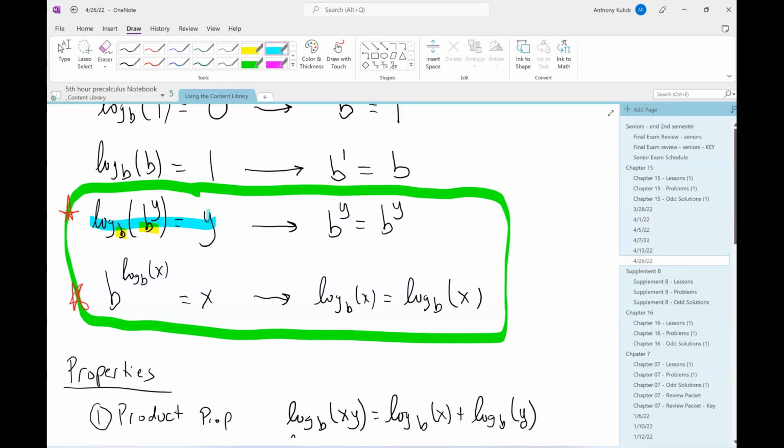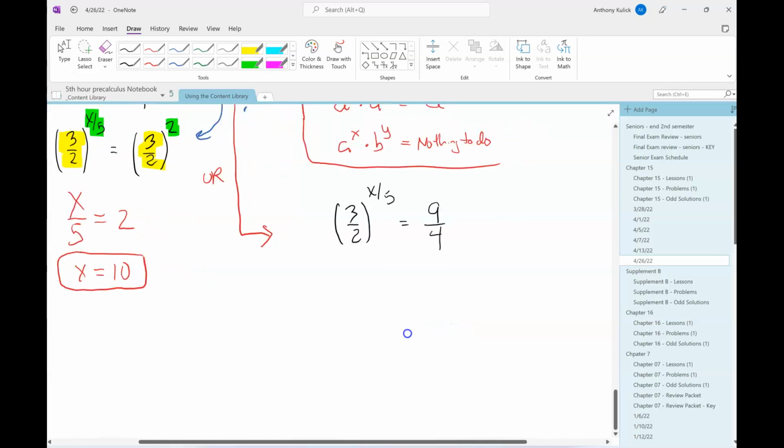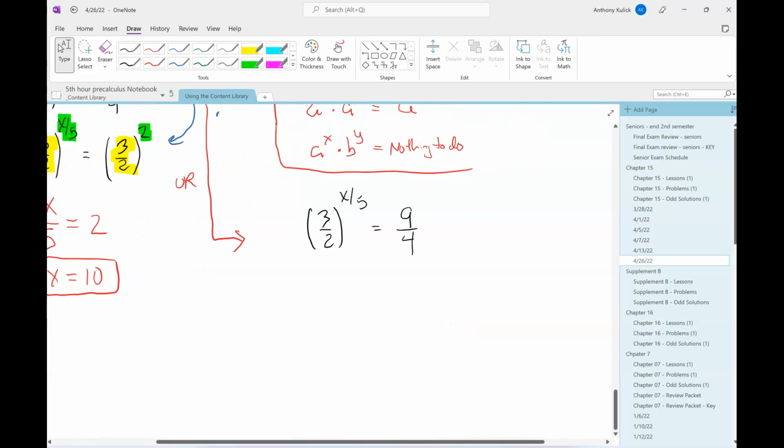The takeaway here is that I can use a logarithm to cancel off the base of an exponent. That's what I'm going to be doing as an alternative way to solve once I've gotten to this point. So I want to cancel off that exponent base of 3 over 2.